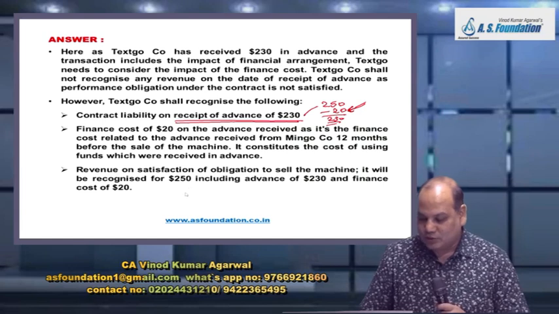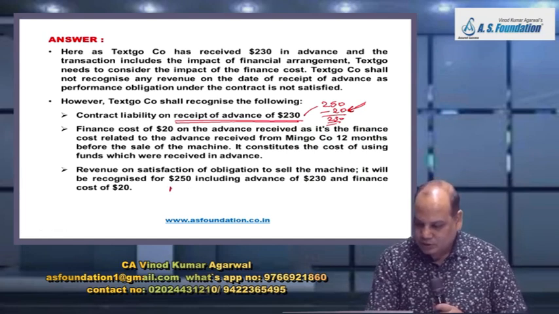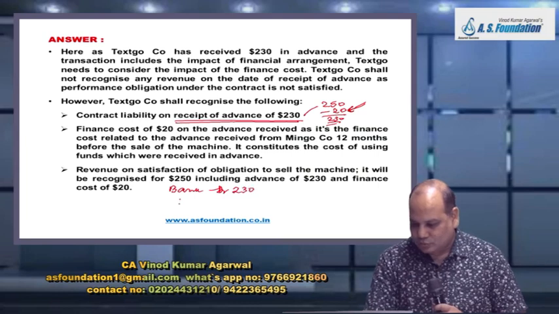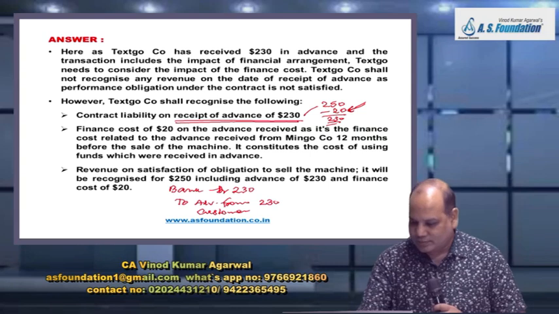So how will you pass the journal entry in case they ask you? First we'll write the entry: bank account debit 230 to advance from customer 230.